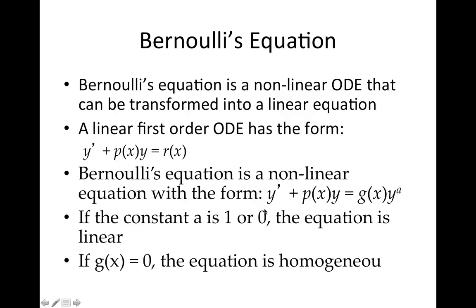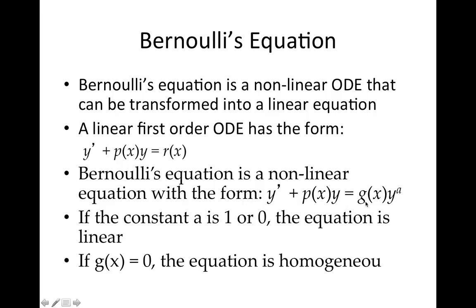So Bernoulli's equation is very similar, except we've replaced r of x with just a different function of x, g of x. And notice that that multiplies y to the power a. So this a is not a derivative, it's an exponent. Now, if the constant term a is 1 or 0, the equation is linear.